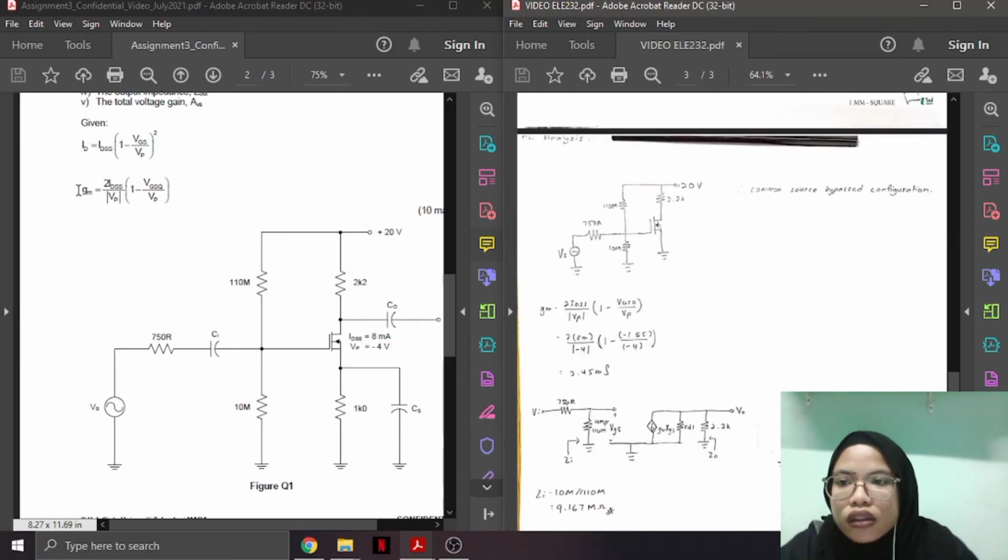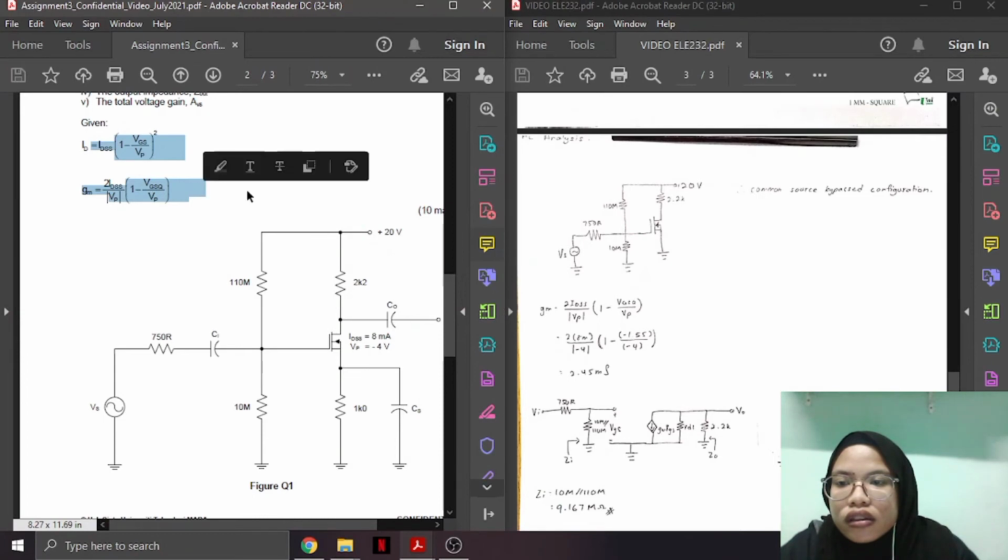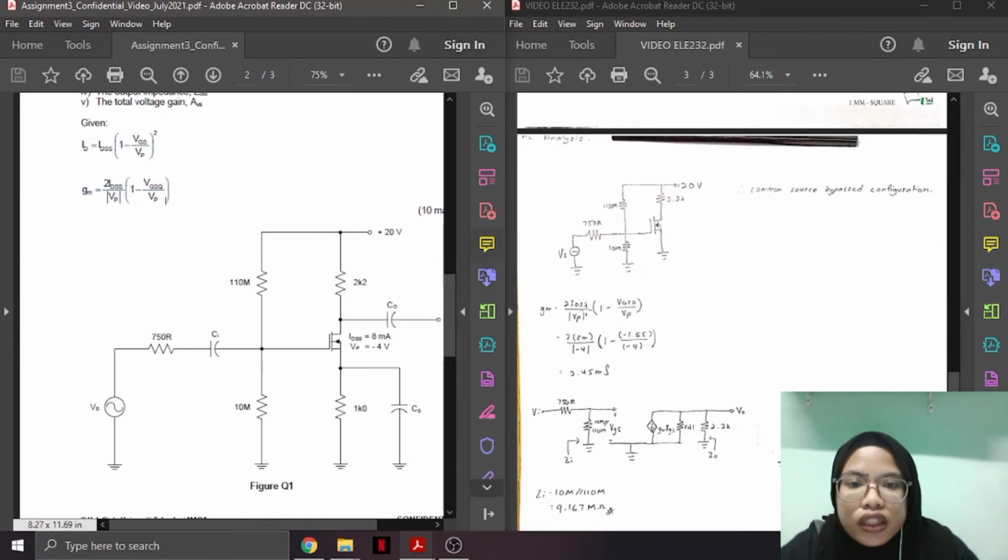They are given this formula for gm. We will use it to find the gm. That is 2 IDSS over VP times 1 minus VGS over VP.